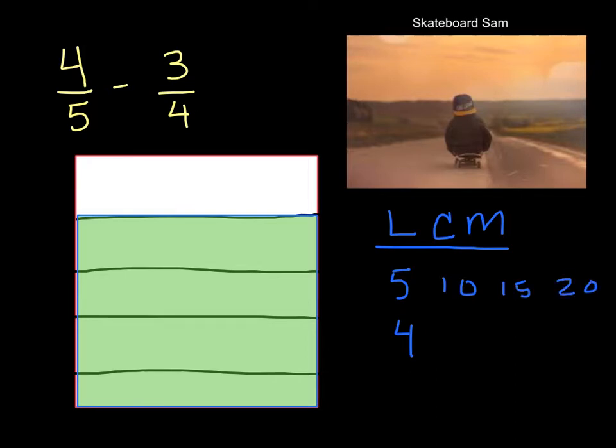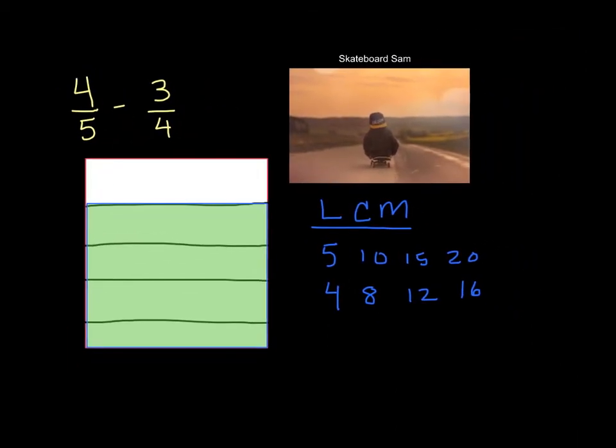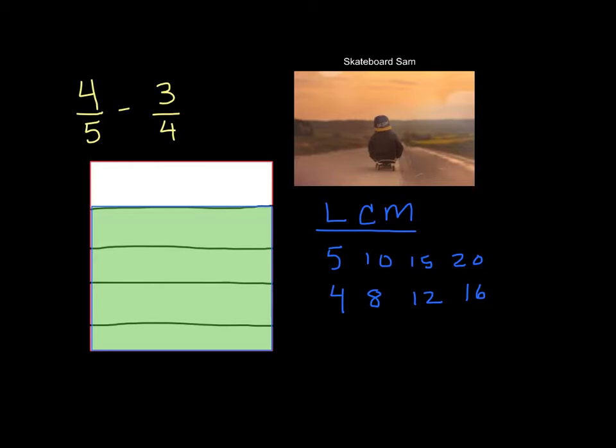Then I'll count by 4s: 4, 8, 12, 16, and I need a little bit more room here, so I'm going to shrink that and move that over a little bit. So far I don't have anything in common, so I'm going to go a little further, and then bingo, I get 20, and both of these are in common, right?